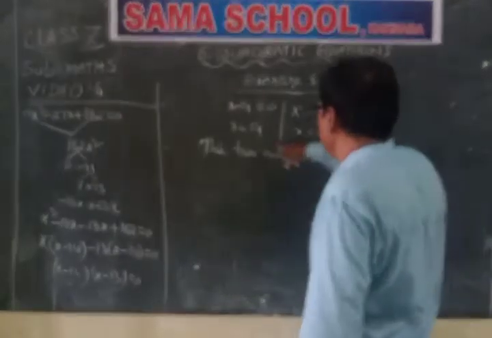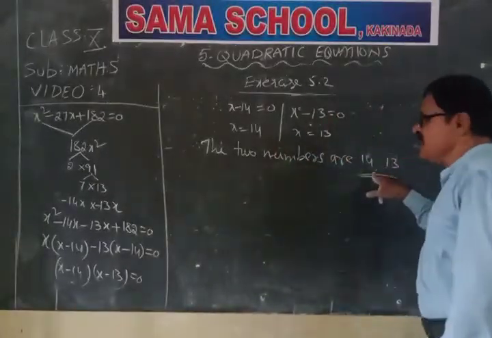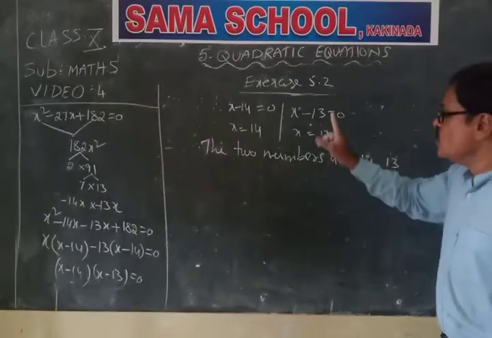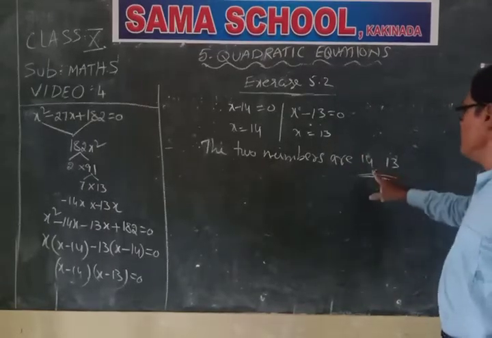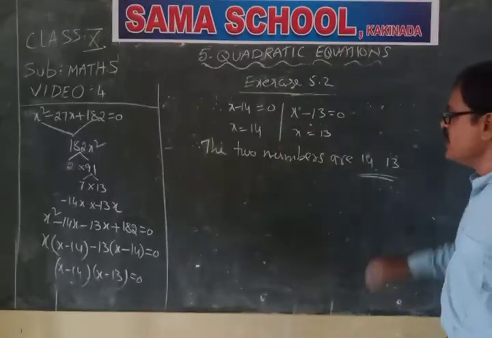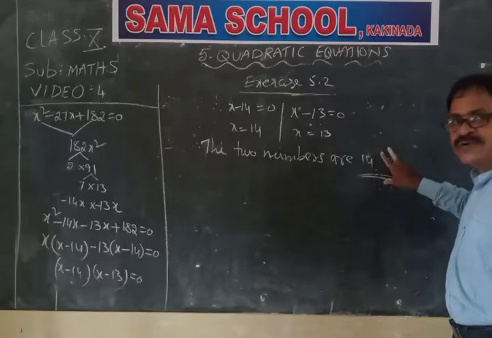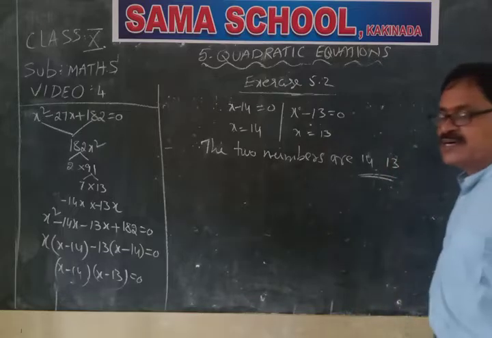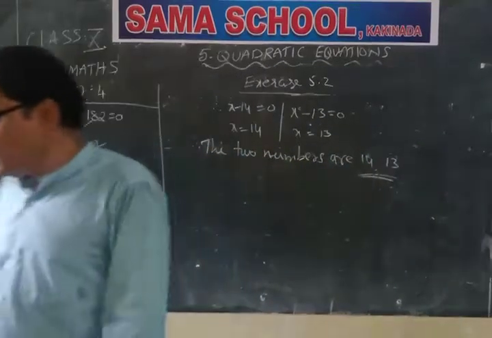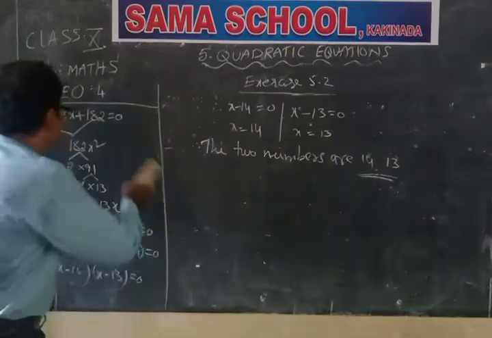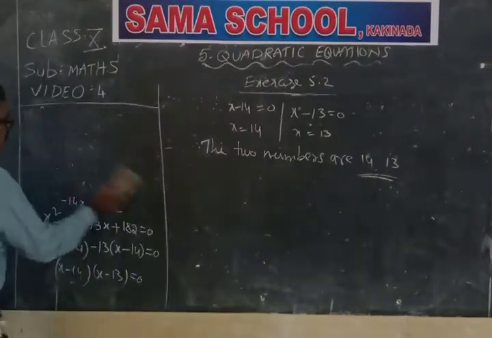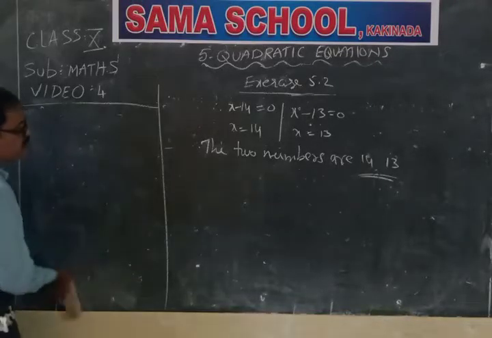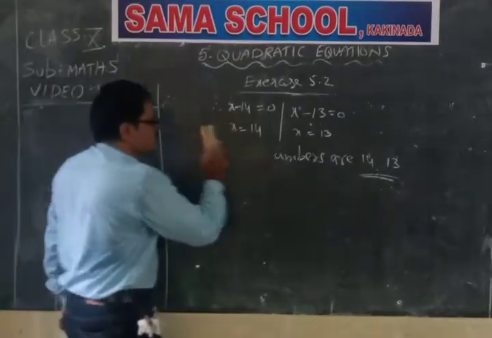If you do like this, we get the two numbers. If you add these, 14 plus 13 is 27, and 14 into 13 is 182. Those two numbers have sum 27 and product 182. This is a working sum. Let's see another problem from the exercise.